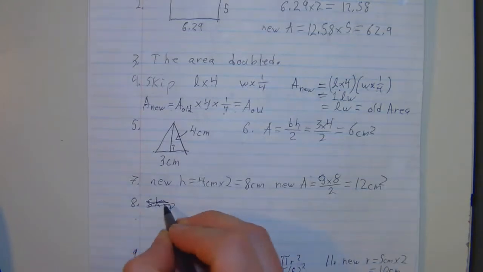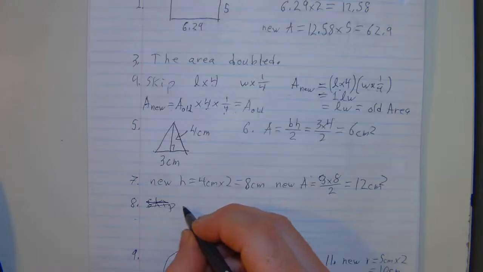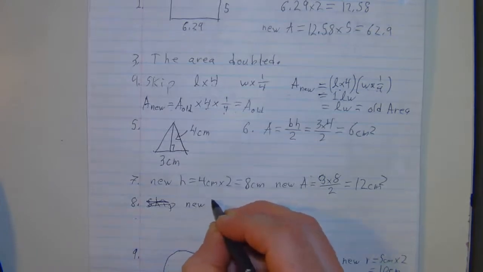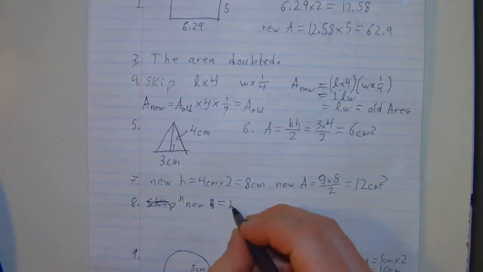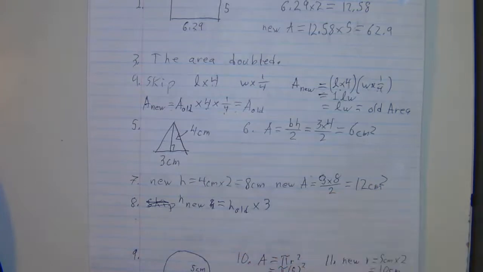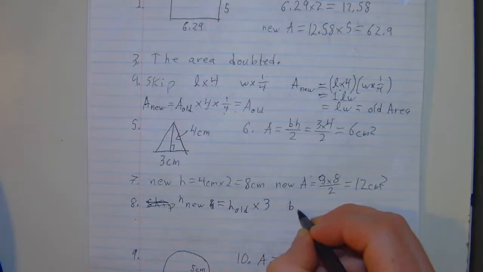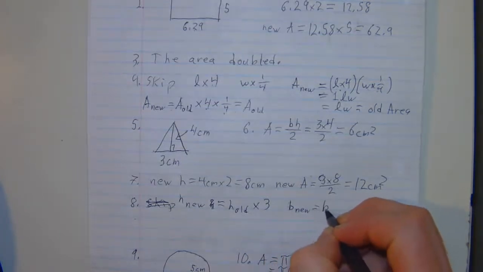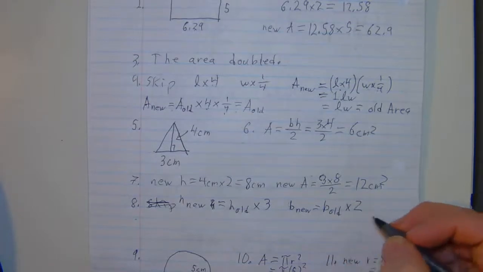All right, let's see that again for question 8 here. If we triple the height and double the base of a triangle, so new height, maybe I'll do it like this, h new equals h old times 3. So the old height got tripled, and the base for the new one is going to be the old base times 2 because it doubled.